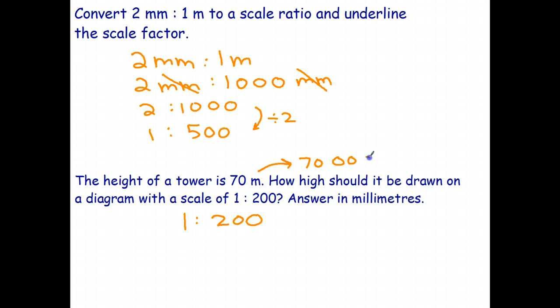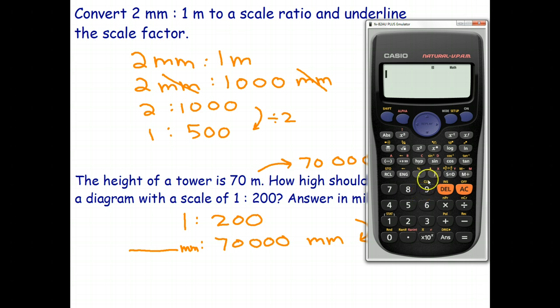So that is the same as 70,000 millimeters. So I'm going to, again, put the units on for now. And we want to know, keeping the same ratio, what number should that be? Well, let's do our usual trick. What do I multiply 200 by to get 70,000?